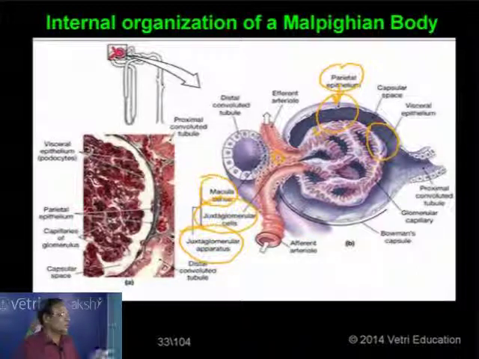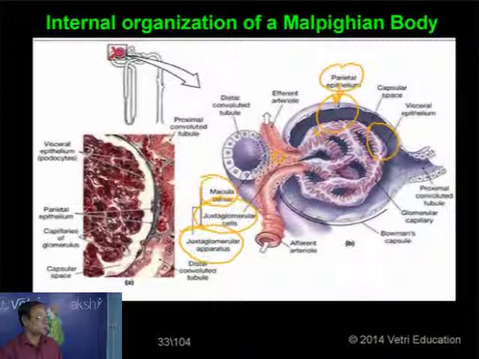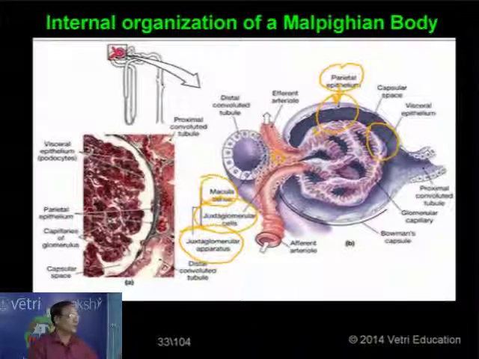The Lacis cells are glandular cells; we'll see more later in the next diagram or the next notes. A combination of Lacis cells, macula densa cells, and juxtaglomerular cells all combine to form a compound structure, the juxtaglomerular apparatus.